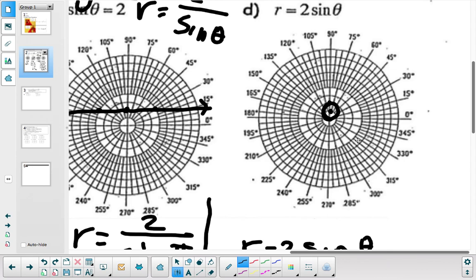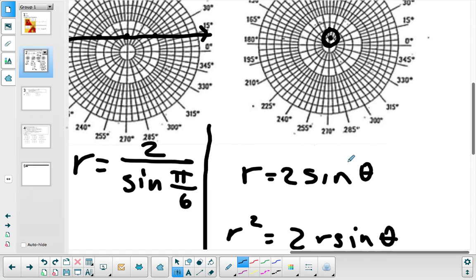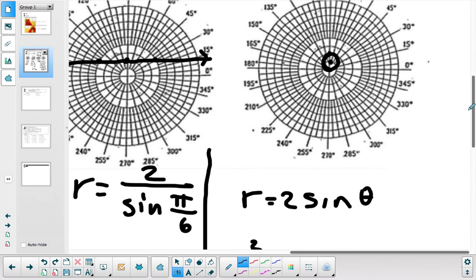If you ever wondered if you could get closer, you can just plug in some angles into the original and solve for r. It's already solved for r, but if you wanted the angle to be 15 or 30, I'd probably stick with 30. Sine of 30 is 1/2, so r is equal to 2 sine 30. 150 is another good one.